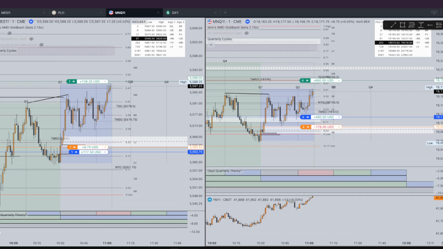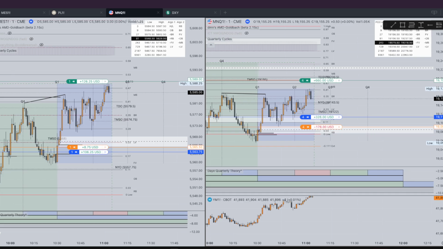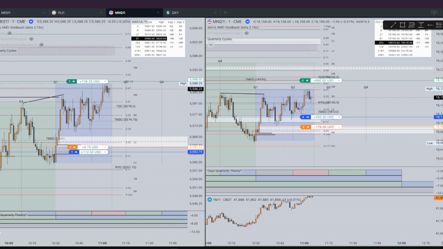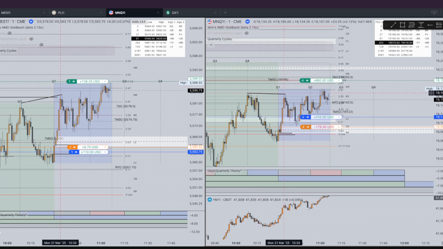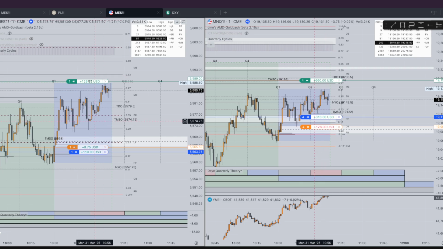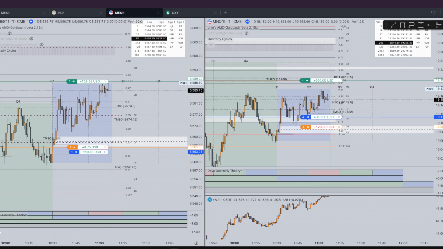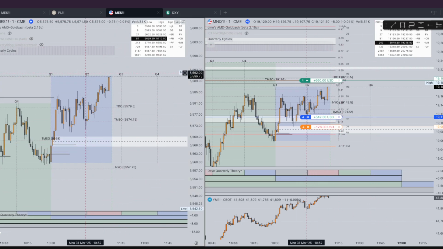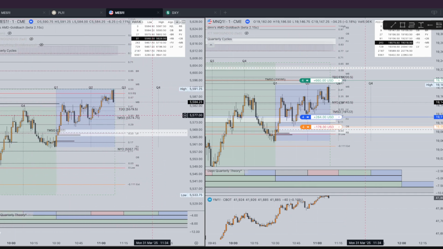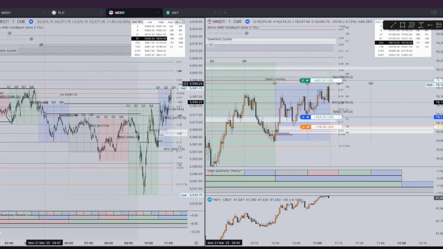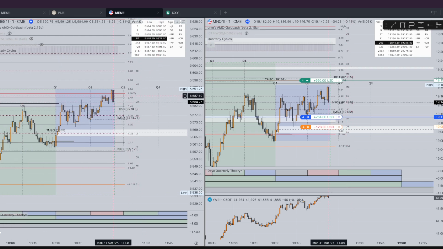Okay. Although see, this was the failure swing, that means this high should not be taken. It has been taken. Right? So it's fine. Okay, this guy finally got out. Like, it completed the range. And we are in the new macro now.